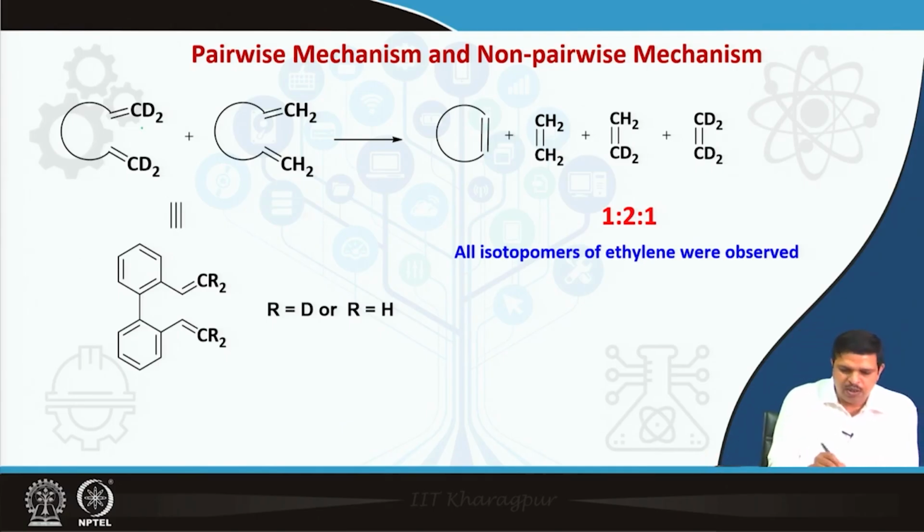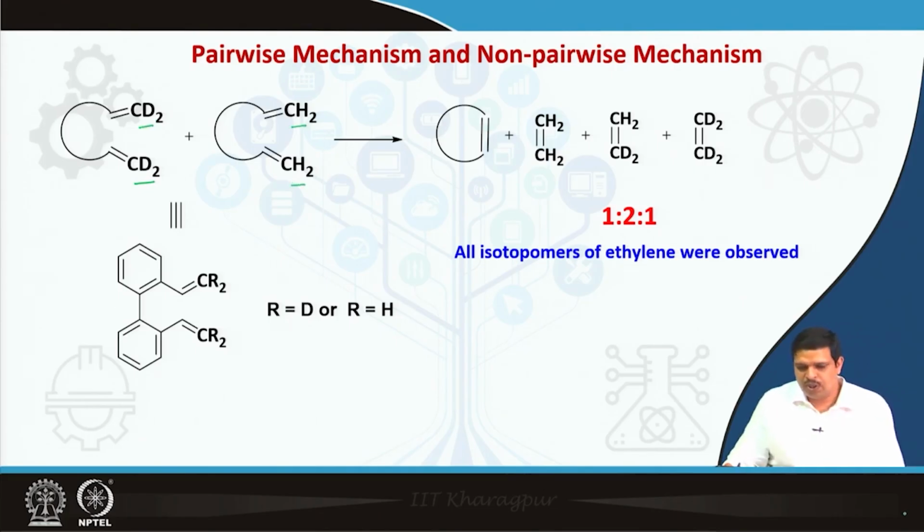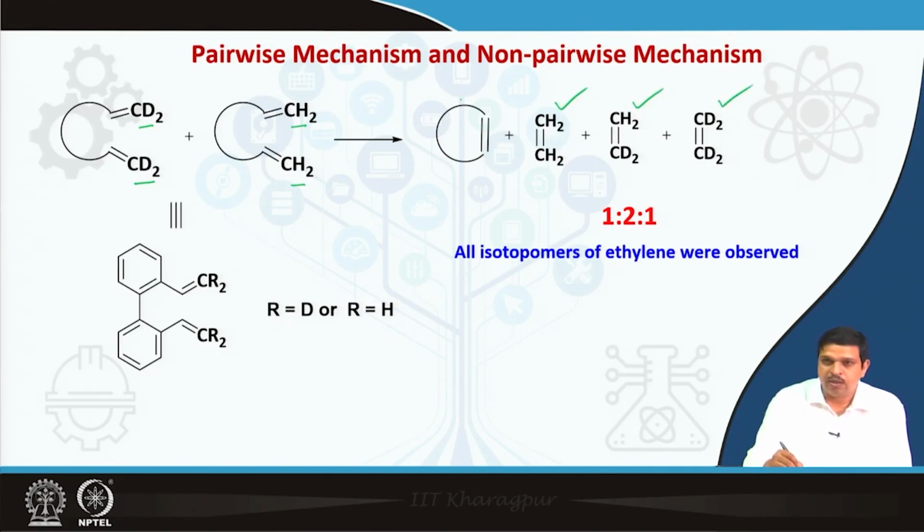So here you will see that two alkenes have been taken, one deuterated and one with CH2, CH2. Now, in reality, in the experiment, you will see that all the isotopomers are obtained, this one, this one, this one, and obviously this one.